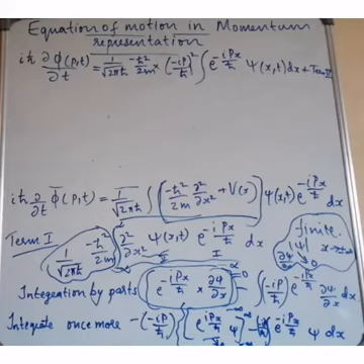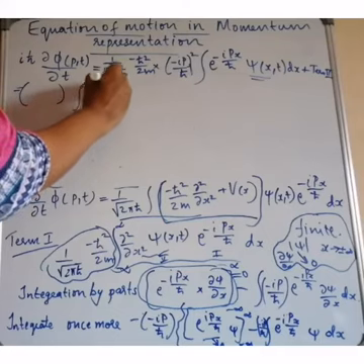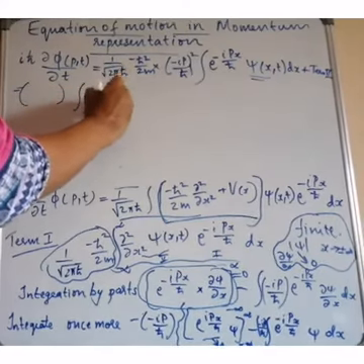Now we will apply the value of ψ of x comma t. I'll just leave the constant there. Integral e raised to minus ipx by ħ.